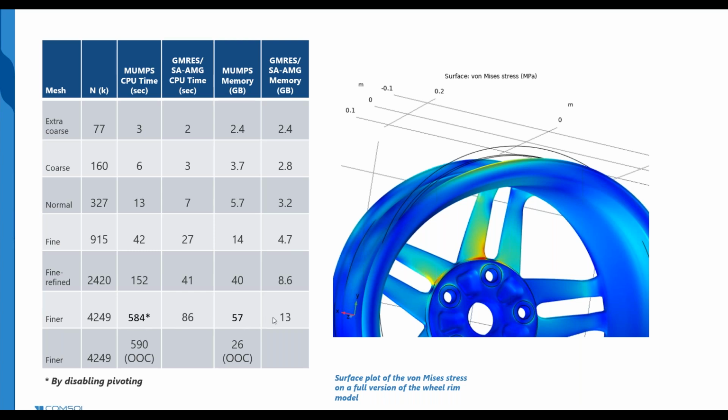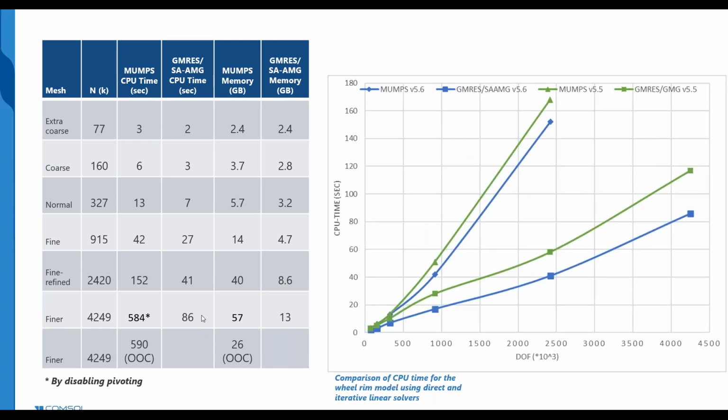On the other hand, the iterative solver only used 13 gigabytes and solved the problem in a fraction of that time. And if we compare the CPU time, for instance, for this problem when refining the mesh, you can see the green curves here are from the 5.5 version, and the blue are the new version.